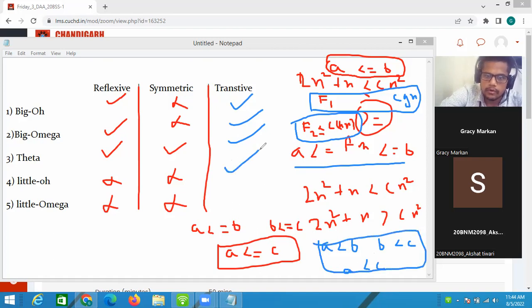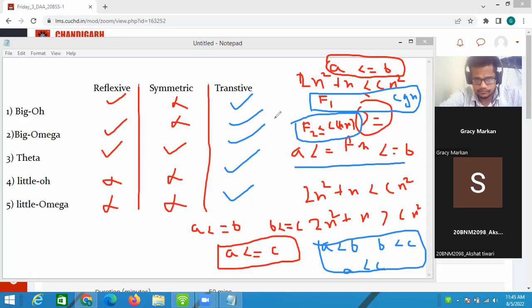So all the five properties are present as transitive. This is very important and you can easily understand now. In reflexive, if equals to is there, then we can say reflexive. In little o and little omega, equals to is not there, so this is not the reflexive property. But for symmetric, only the average case tells the symmetric property.